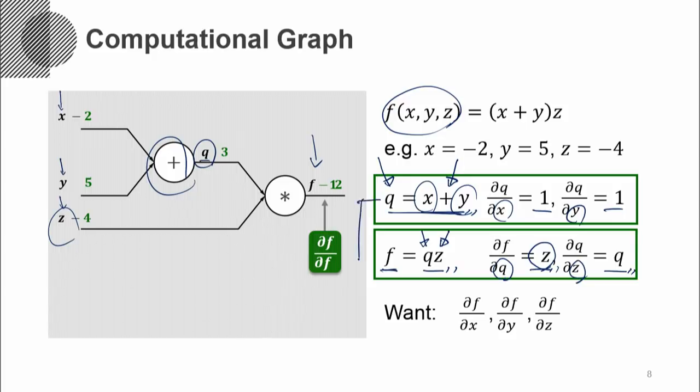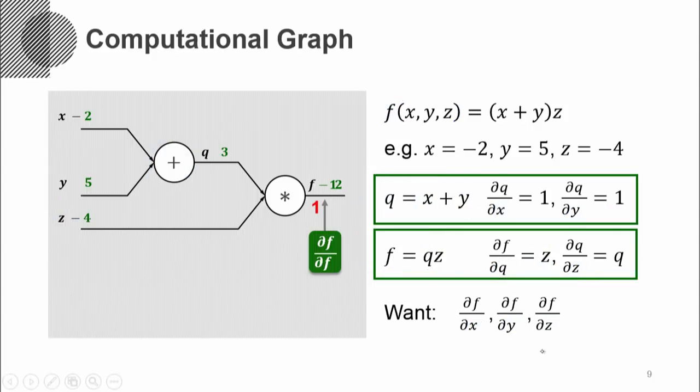Okay, so we can obtain the partial derivatives for each of our internal nodes, but what we want to do here is to obtain the gradient of our function f with respect to our input variables x, y, and z. So in order to perform this process, let's start with the partial derivative of the given function with respect to itself. And then it is, of course, 1.